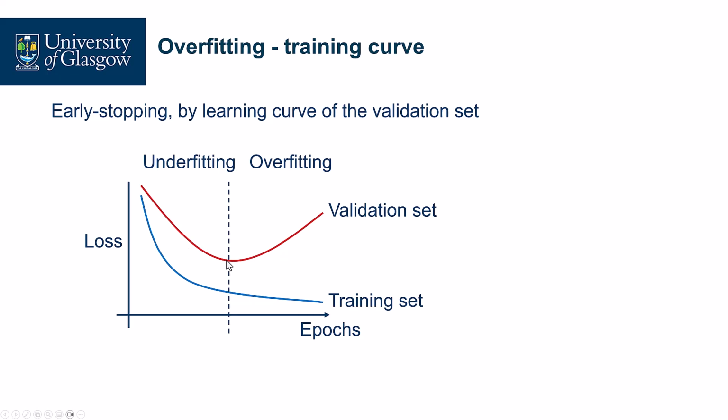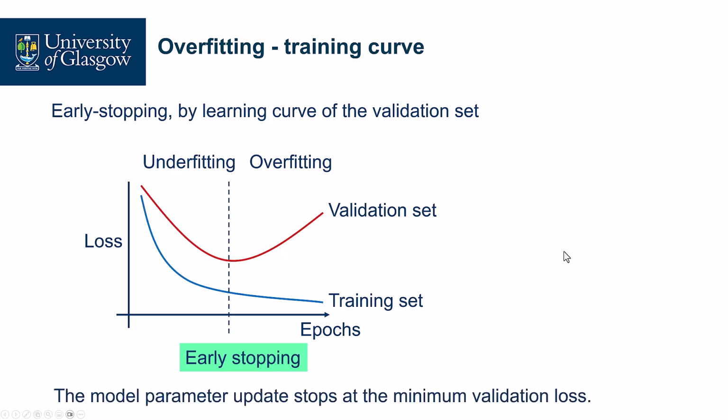So the error of the validation set could remain unchanged or even grow. Now this point is the time to stop. The model parameters stop updating at the minimum validation loss. So this is a clever method to avoid overfitting.